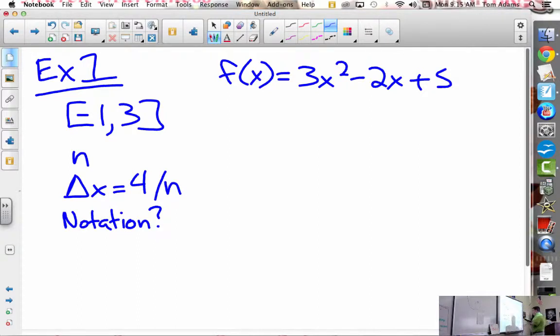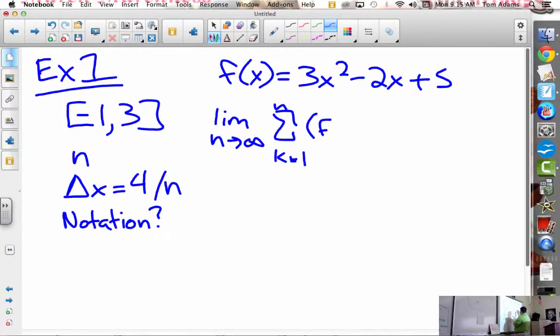So what we're going to do is we want to take the limit as n approaches infinity of the sum of our function times delta x. But what's our function? Well, first of all, let's just write it out.